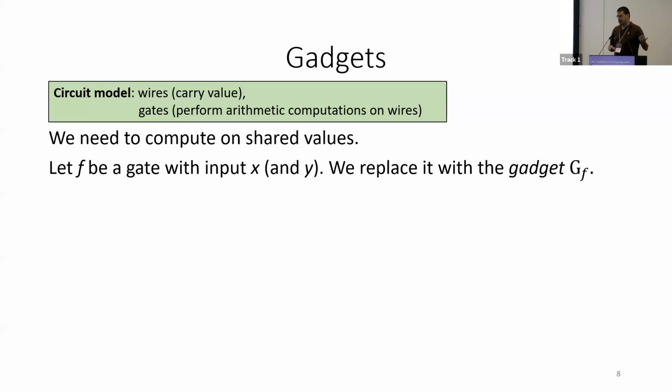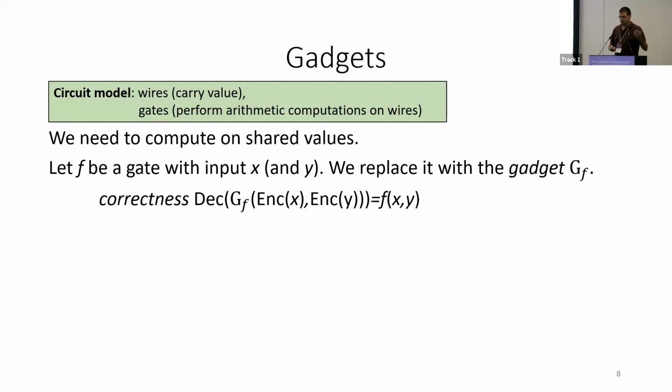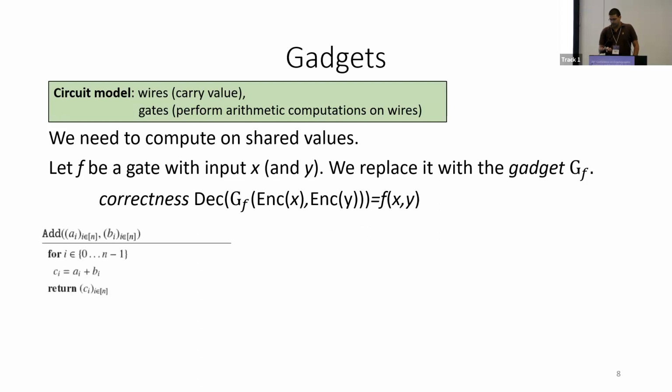We have a gate, which performs an arithmetic operation F with some inputs, and we replace it with a gadget, which works on encodings of the inputs. We want correctness, which means that the decoding of the output shares of the gadget, where the inputs are encodings of the inputs, is equal to the real output of the gate without any masking.